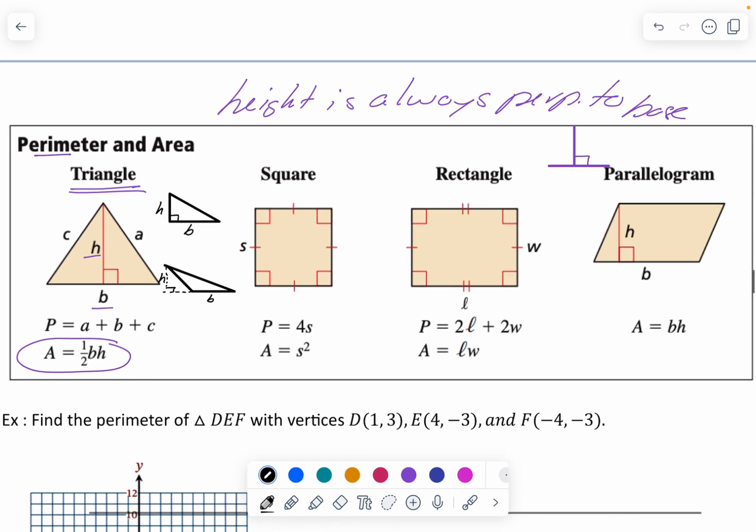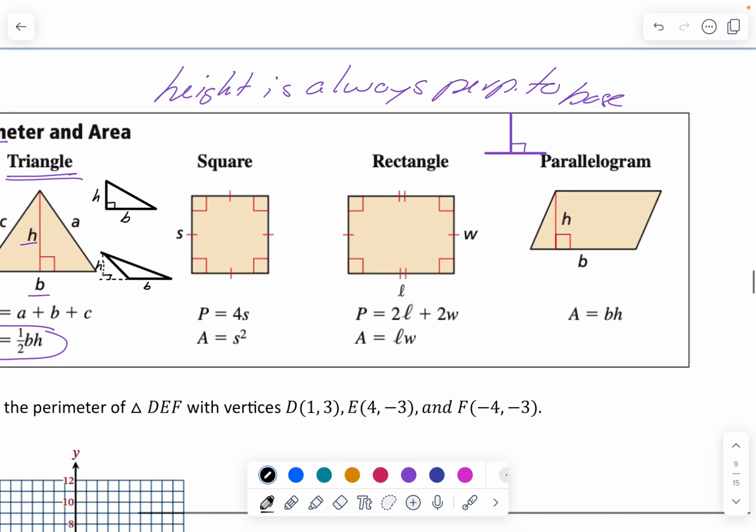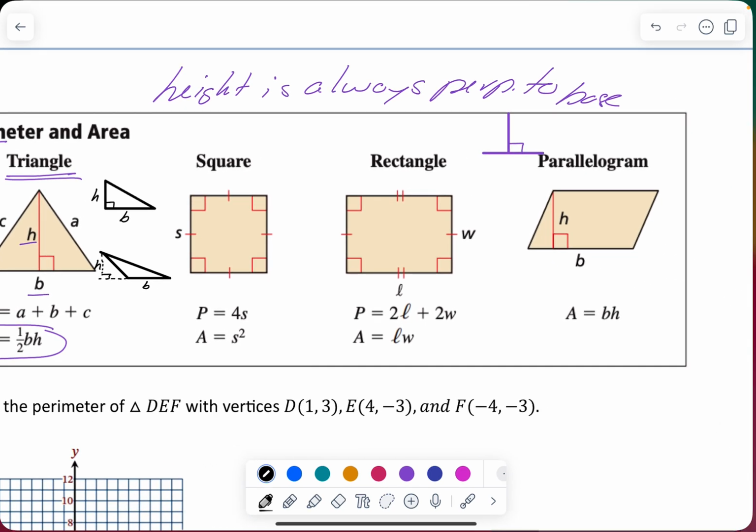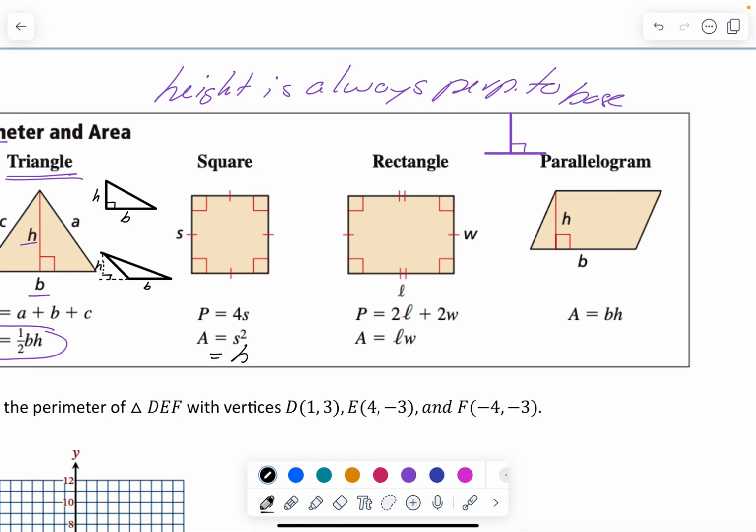Now, the rest of these figures, the square, the rectangle, and the parallelogram, all have an area that you could describe as base times height, where the triangle is 1/2 base times height. So for the square, base times height. It just happens that they're the same.